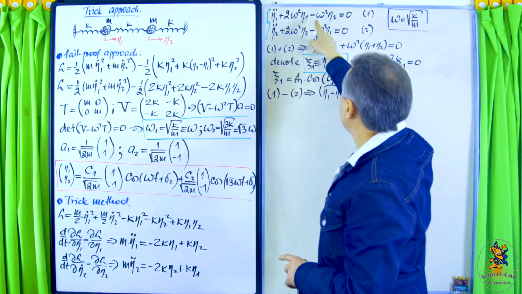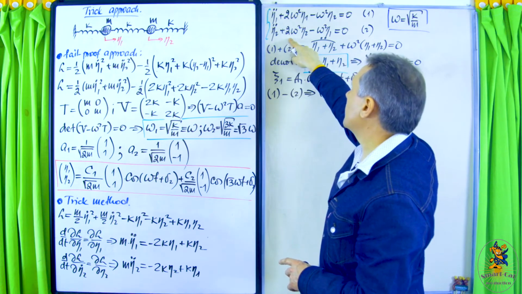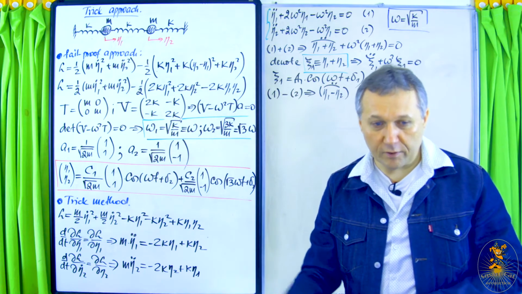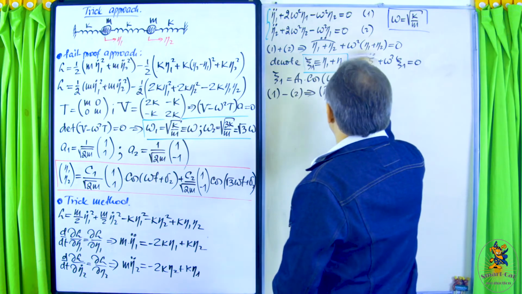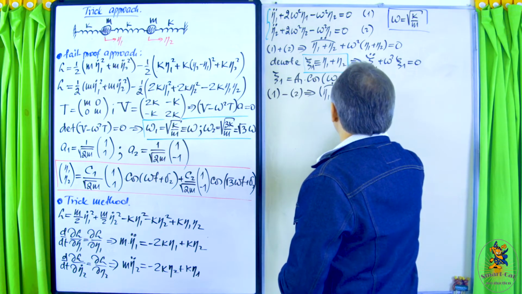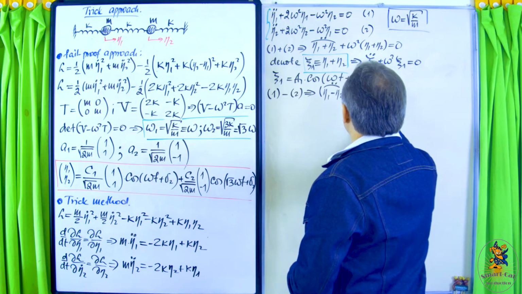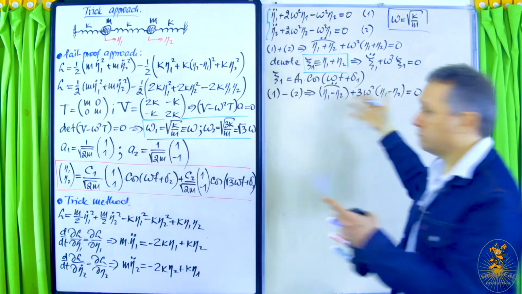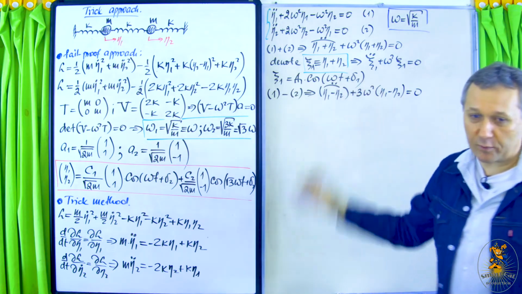Then, if we subtract this from that, it will be minus 3 omega squared eta 2. So we can factor out 3 omega squared, and move it to that side. So plus 3 omega squared times eta 1 minus eta 2 equals 0. Again, we can easily solve this equation in terms of eta 1 minus eta 2.